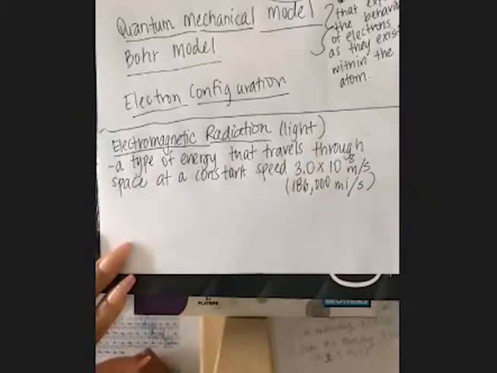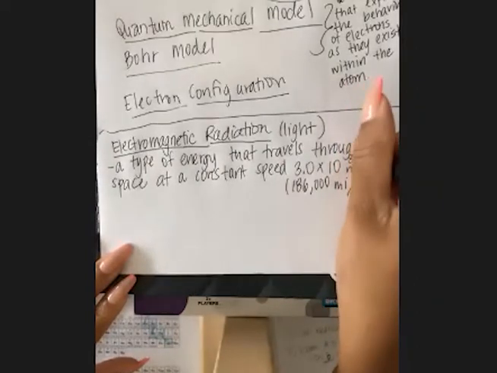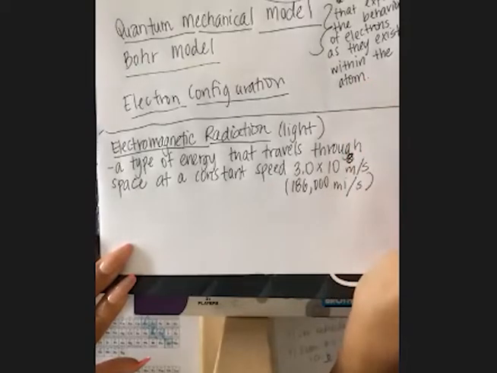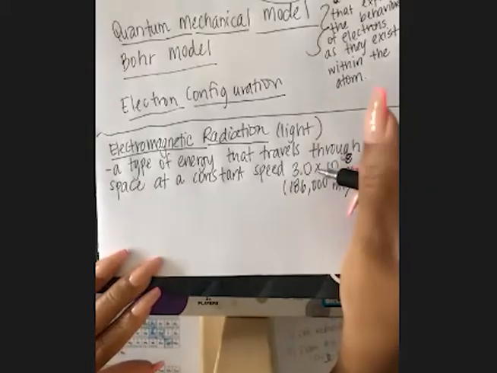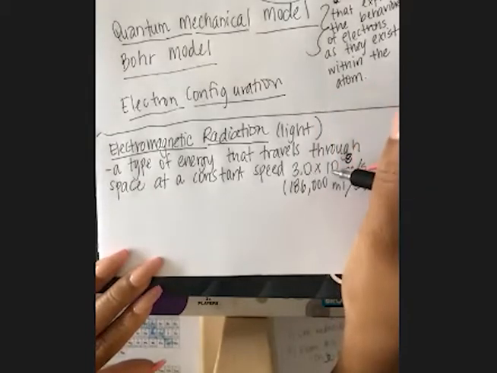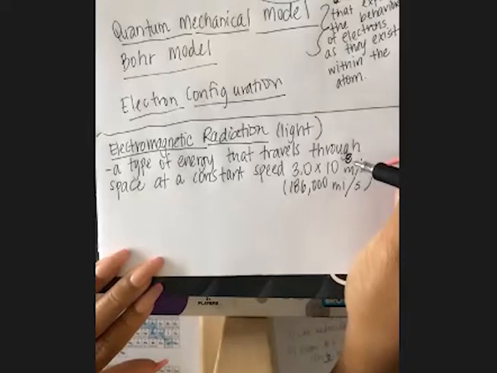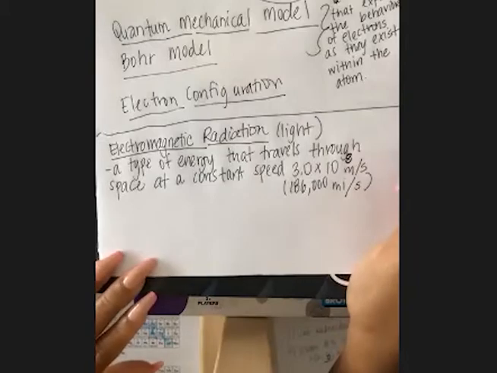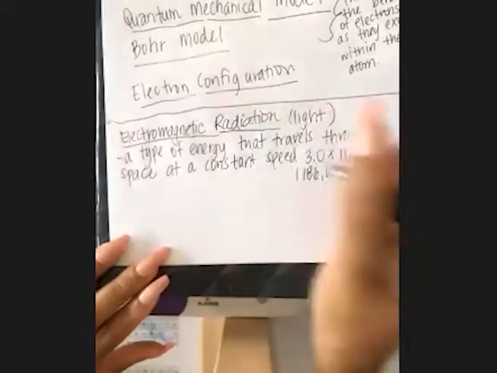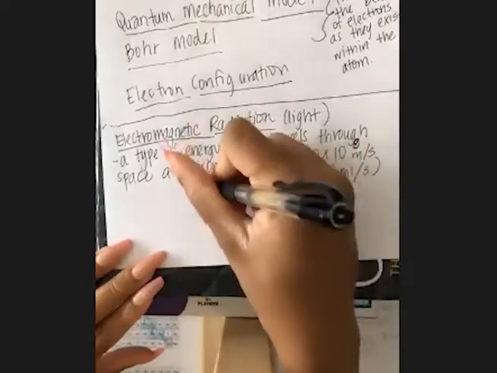I'm sorry, is that a -8 or is it just 8? It's a regular 8, a positive 8. So basically it's 3.0 times 10 to the power of 8, which is 300 million meters per second. And that's the speed of light. So let me just write that here, speed of light.